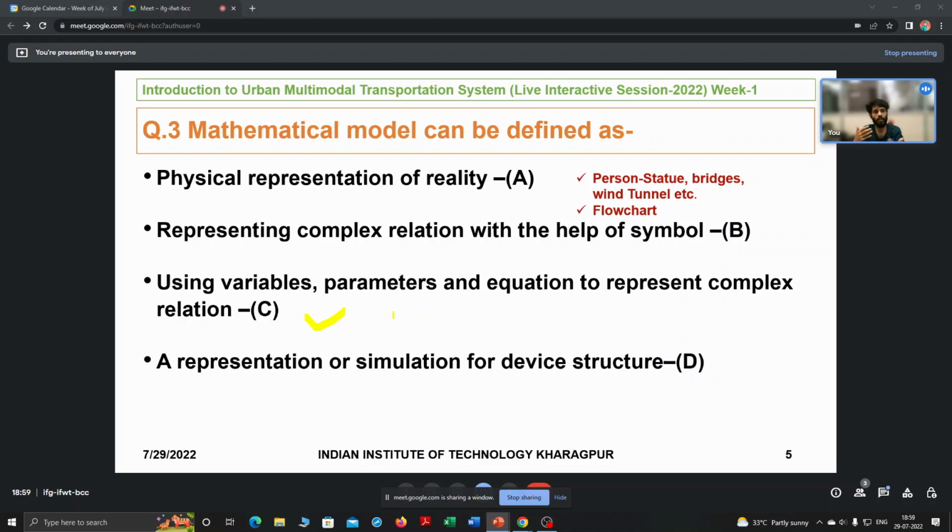So you build a simulation model which comprises maybe 2, 3, 4 complex mathematical models. So it is a simulation model, right?